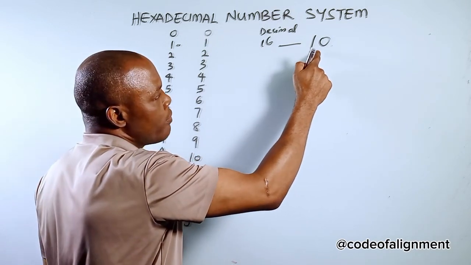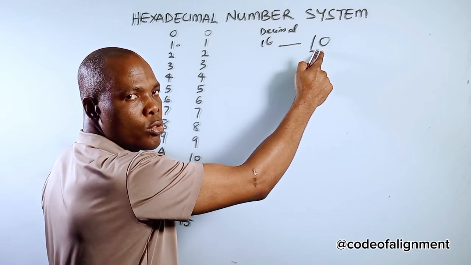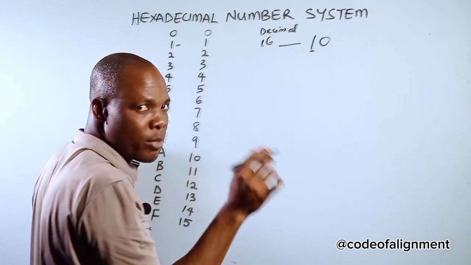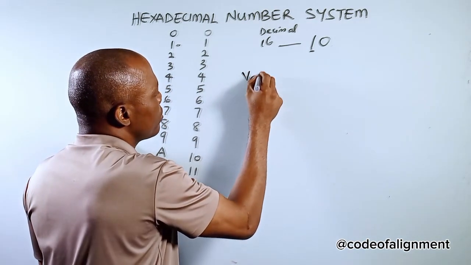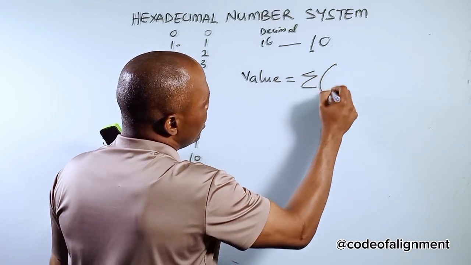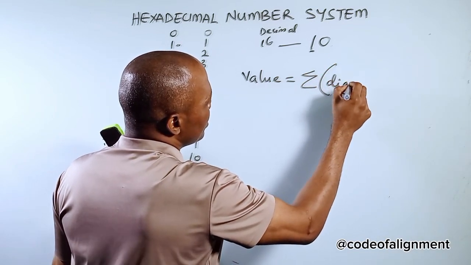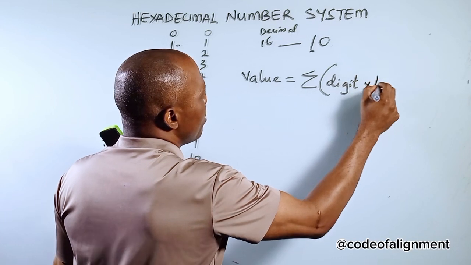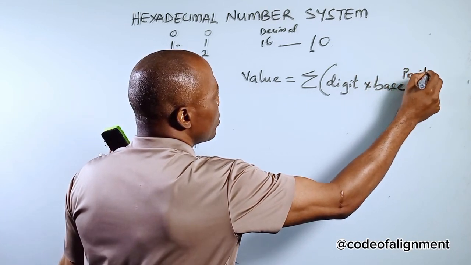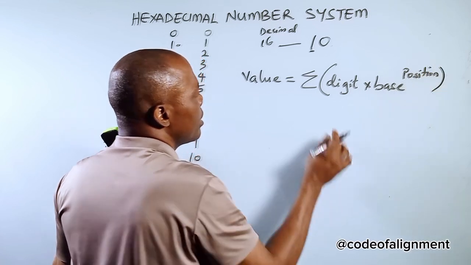Now, if you convert this to decimal, how will it be? Since it is base 16, the formula is still the same: value equals the sum of digit multiplied by base raised to the position, right? That is still it.